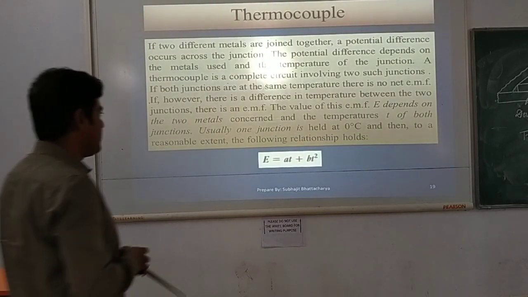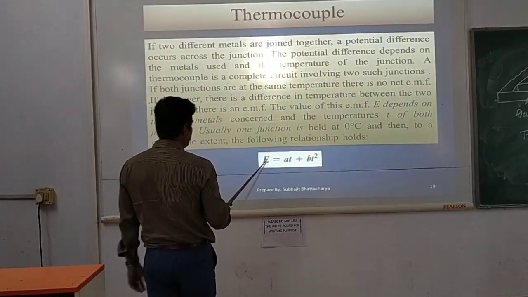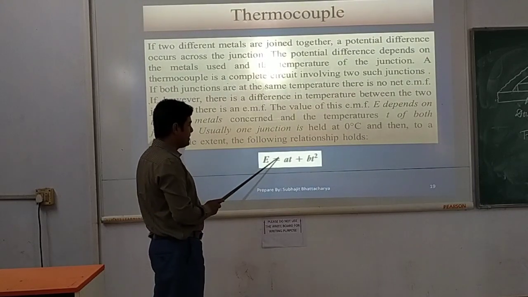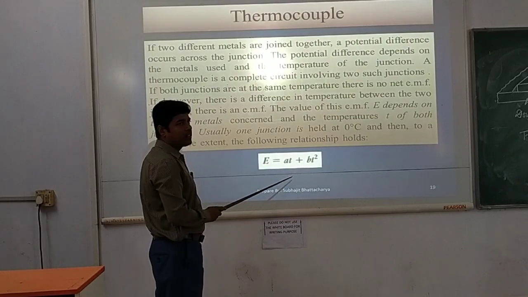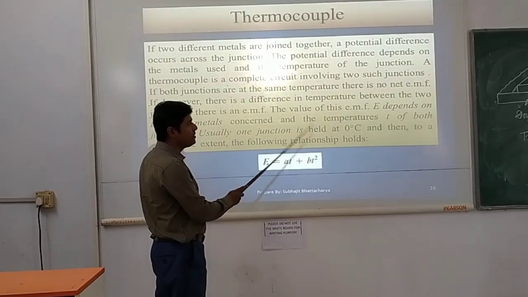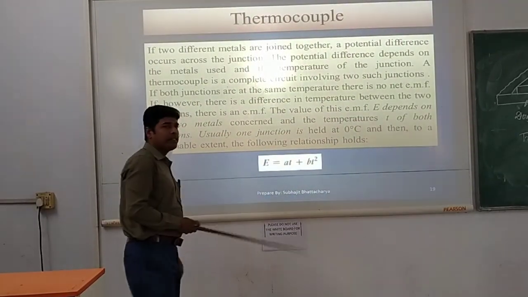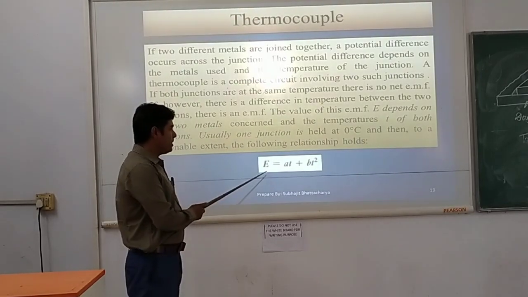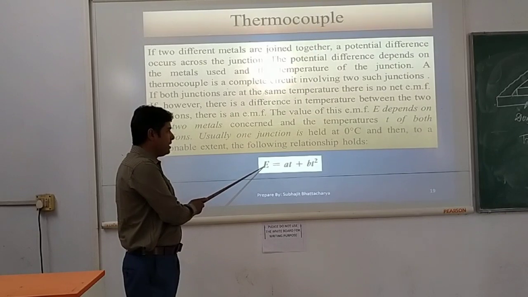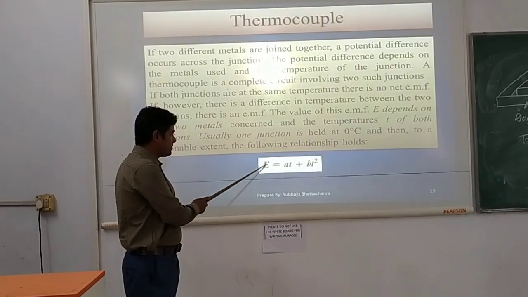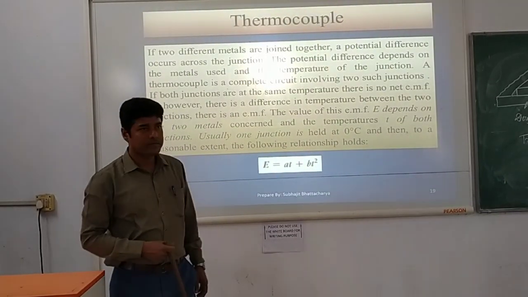The EMF generated, or potential difference generated, can be expressed by AT plus BT square. A and B are the constants related with the two metals, and T is the temperature at which we want to measure. We are getting this potential difference, and we can see that this is a parabolic equation.